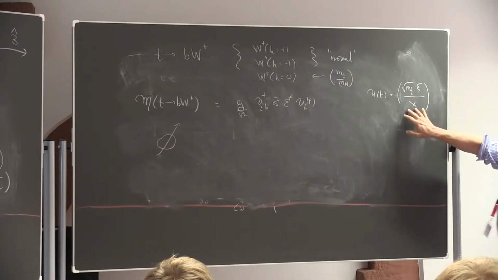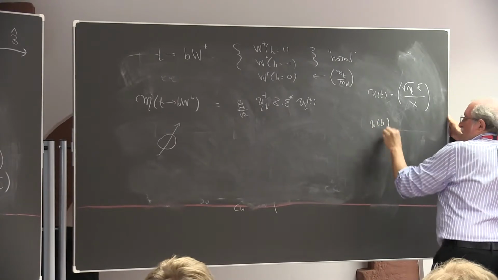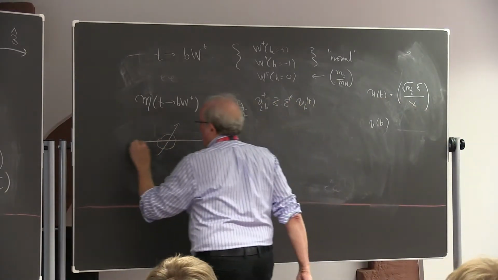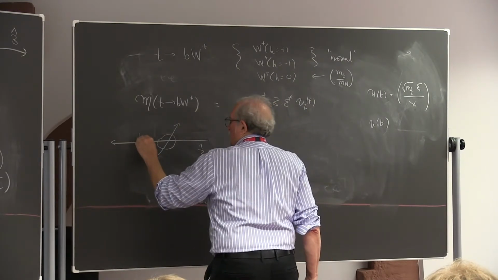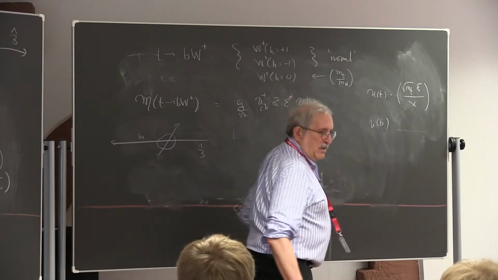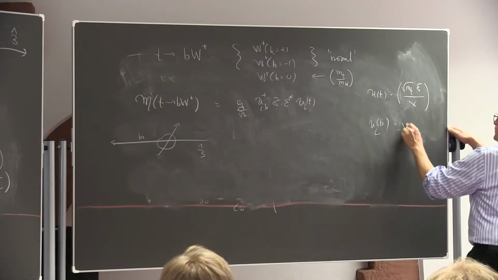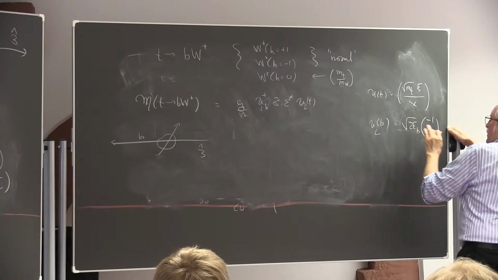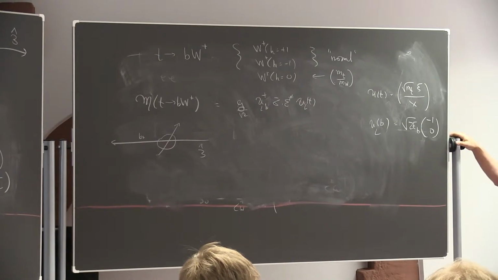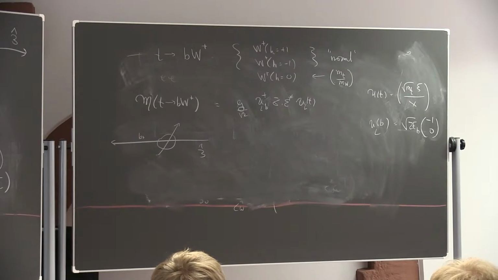And I can ignore this part because of V minus A. The bottom quark I'm going to take to move along the negative 3 axis. The bottom quark is left-handed, and so UL of b is the square root of 2mb times minus 1, 0. And I'm going to ignore the mass of the bottom quark, because that's much less than any of the other masses in the problem.